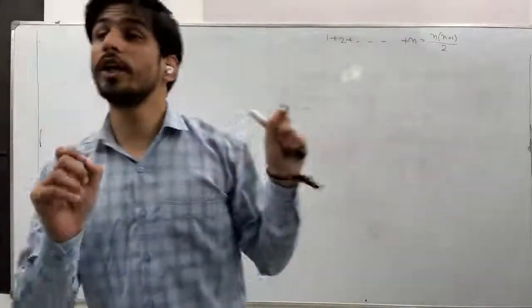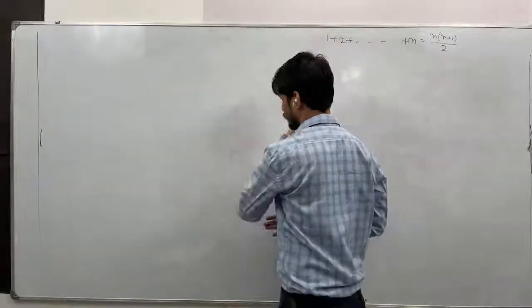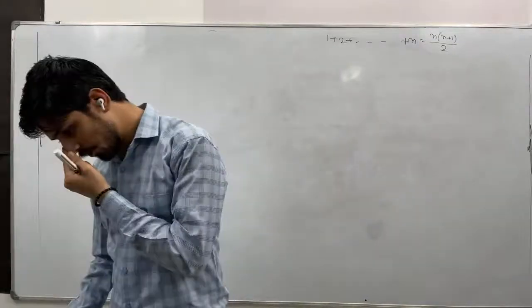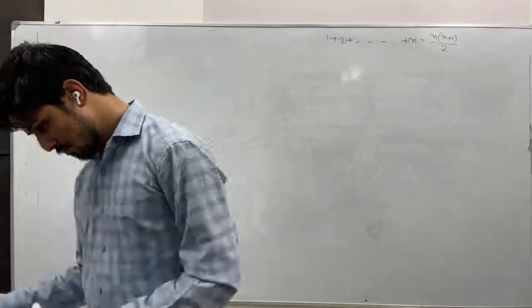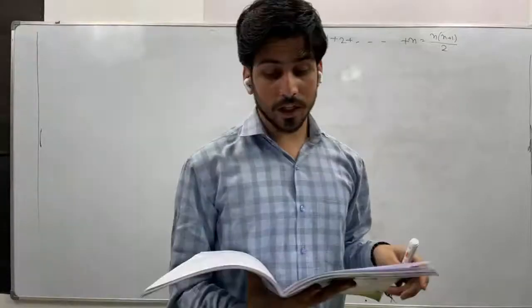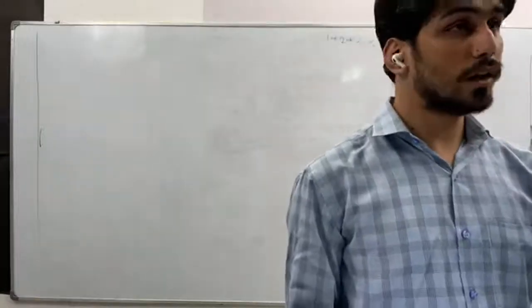First of all, draw the tree diagram. If you are able to draw the tree diagram, the rest of the question is fairly simple. How will you draw the tree diagram? And make sure you read the question properly. There are two married couples, right? So you have to consider this condition also, right?